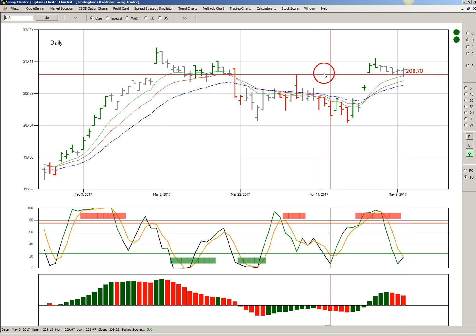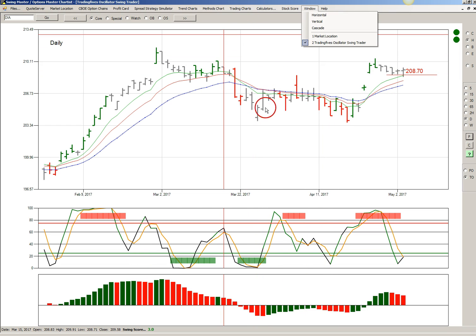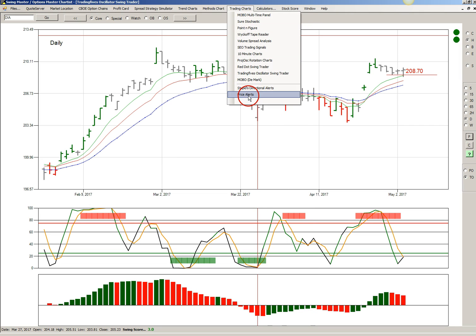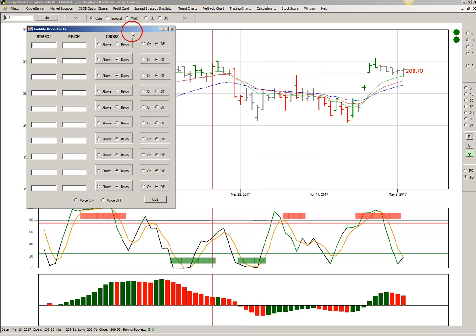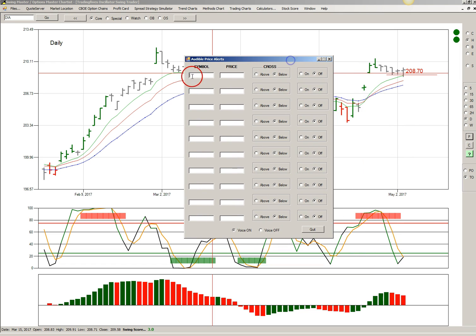But if you end up with 5 or 6 or maybe 10 symbols all with execution prices, rather than having to look at dozens of charts every day, how do you keep track of them? The way you monitor price levels, if you have a lot of different levels, rather than looking at charts all day and possibly missing something, is to use the audible price alerts.